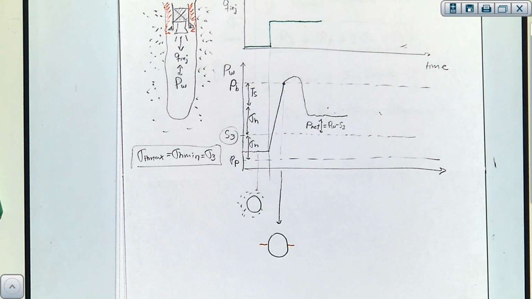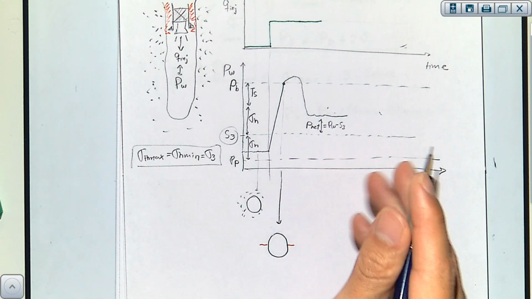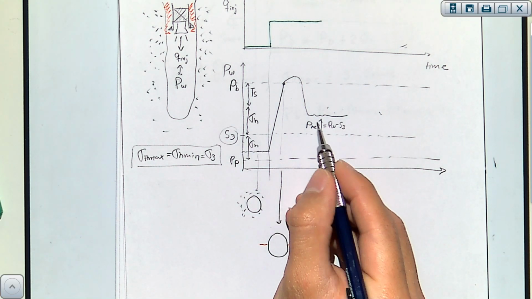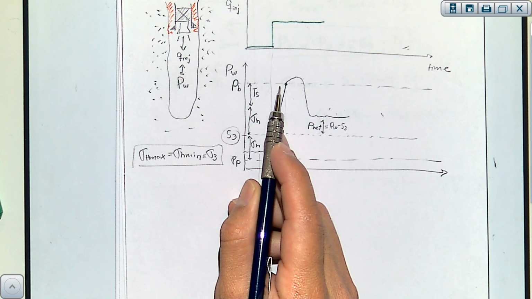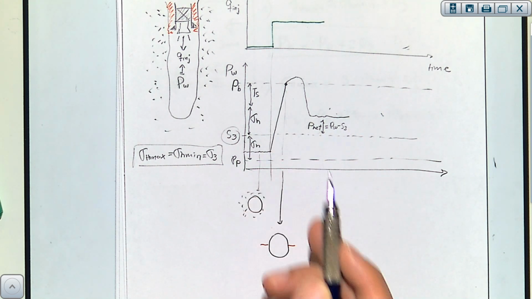You need some pressure in order for the fracture to propagate, in order to make the fluid go through the fracture, and in order to keep the fracture open. And this is what we're going to see right after we finish with this. What is this value of net pressure? How can we calculate that one?